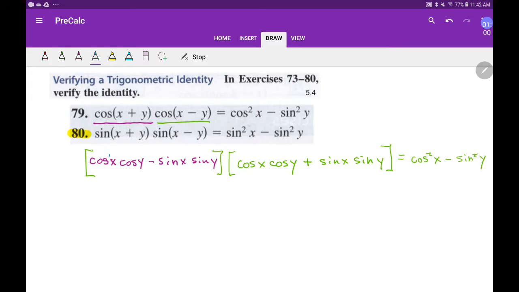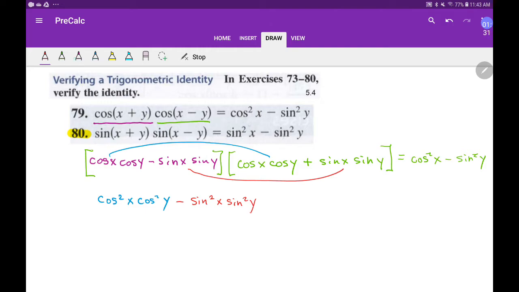We're going to multiply. These are conjugates of each other, so I don't expect to get a middle term, and I won't. But I will get cosine squared x, and I will get cosine squared y. And then, when I go with the last terms, I get negative sine squared x and sine squared y.